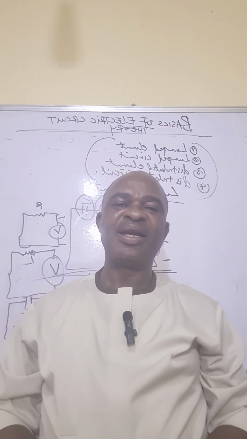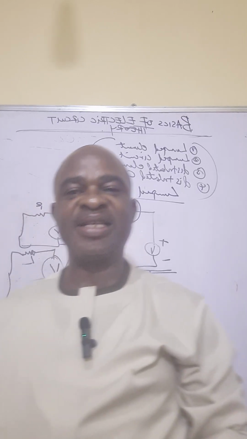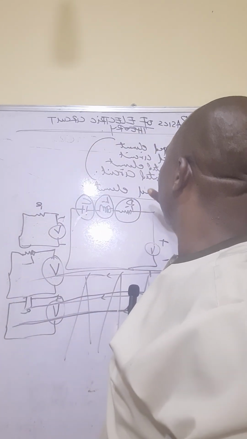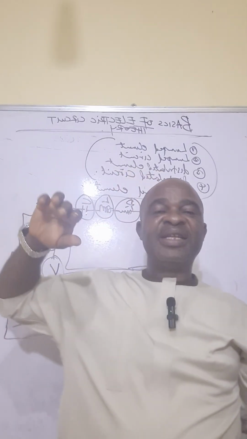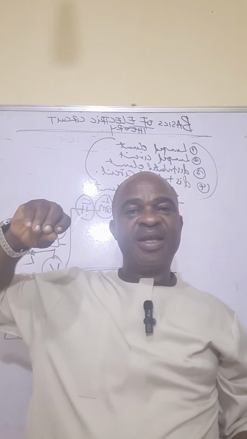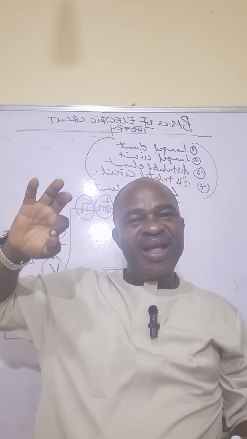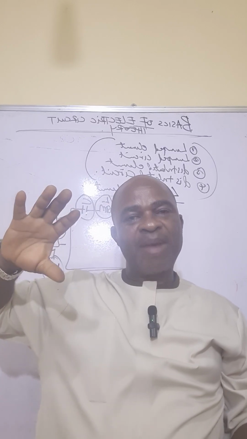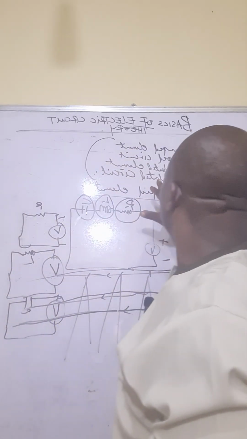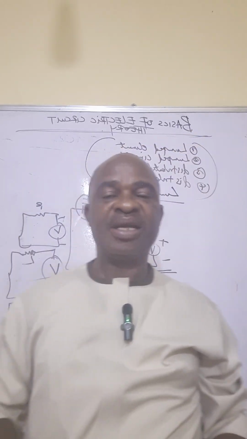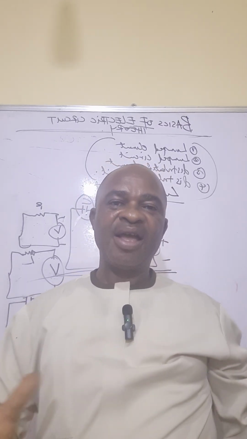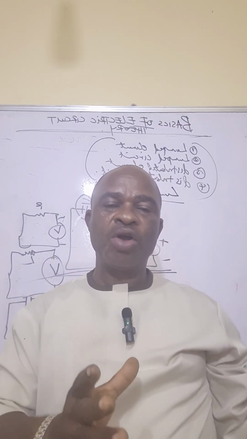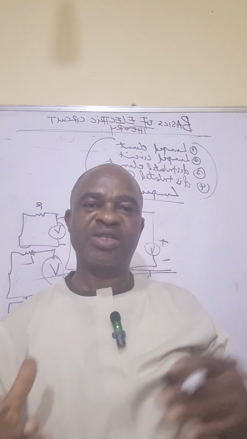Then another thing we should look at is that in terms of wavelength, the wavelength of distributed elements is commensurate to what is given out and what is coming in.